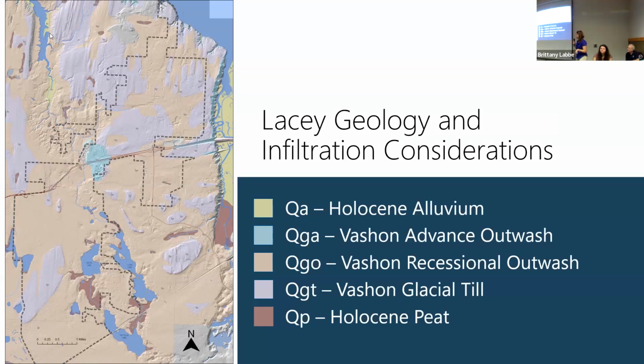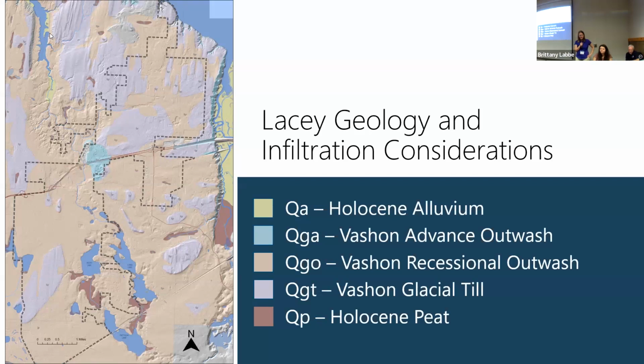So City of Lacey, glaciated, southern Puget Sound. You can see the Nisqually River Valley off on the east and the steep bluffs. And then City of Lacey has that black outline. That's the city limits, mostly on the upland. So glaciated upland, thin recessional outwash on top of the till.